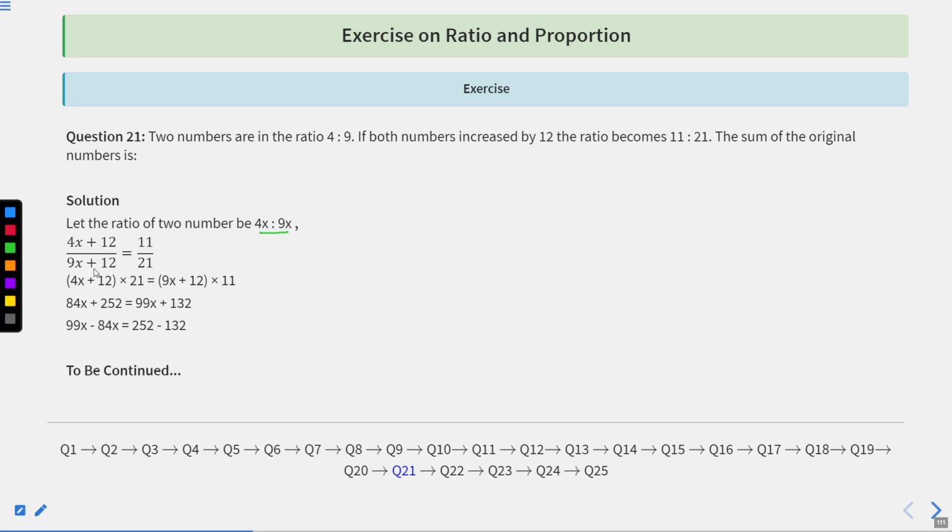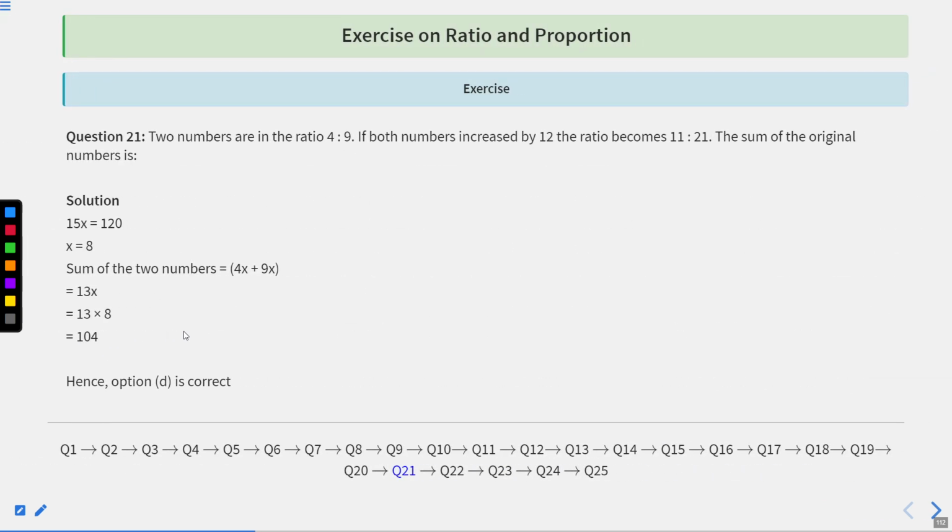So (4x plus 12) upon (9x plus 12) is equal to 11 upon 21. So (4x plus 12) into 21 is going to be (9x plus 12) into 11. When you simplify the terms and open the brackets, you will get 99x minus 84x equal to 252 minus 132. On further simplification, you will find that x is equal to 8.